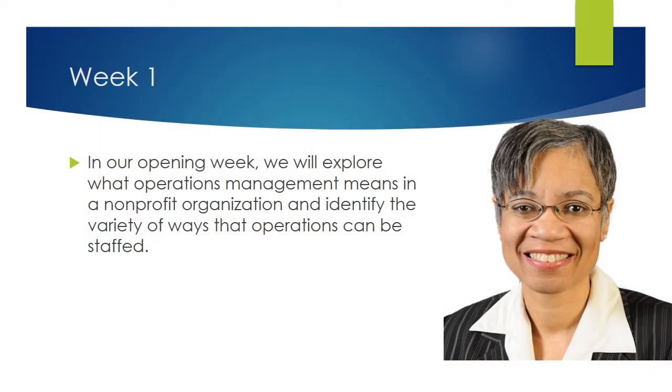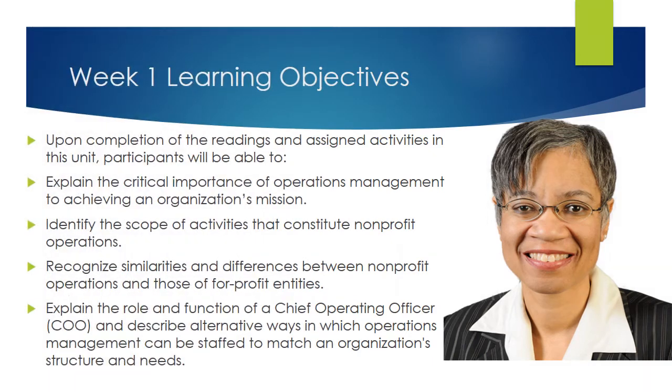During our first week, we'll explore what operations management means within the context of a nonprofit organization and identify the variety of ways that operations can be staffed. At the end of week 1, assuming that you've completed all the readings and assigned activities, you should be able to explain the critical importance of operations management to achieving an organization's mission.